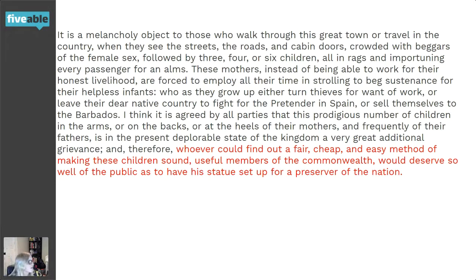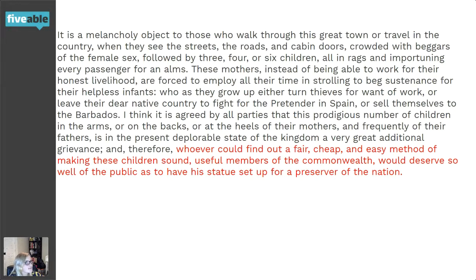It is a melancholy object to those who walk through this great town or travel in the country, when they see the streets, the roads, and cabin doors crowded with beggars of the female sex, followed by three, four, or six children, all in rags and importuning every passenger for alms.